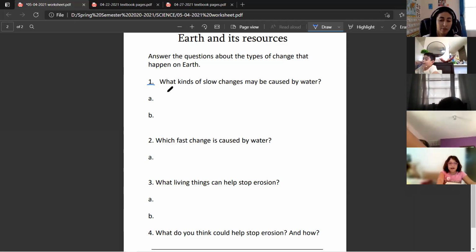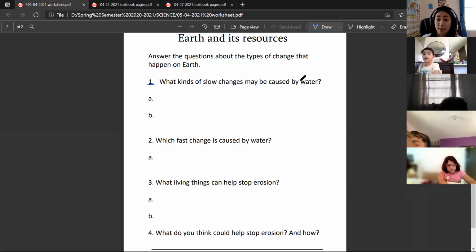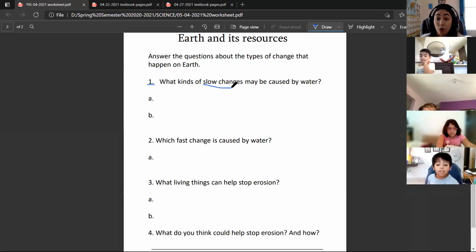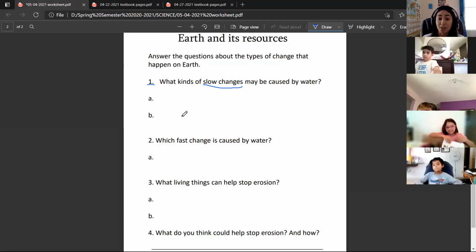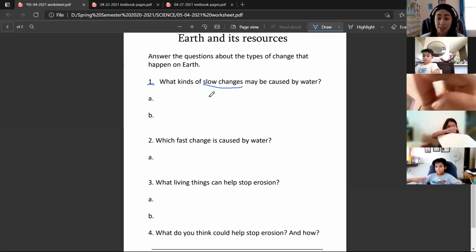It's just lava. We have weathering. What's the other one? But listen, you have to pay attention to the clues. Erosion, guys. Erosion. It says slow changes.